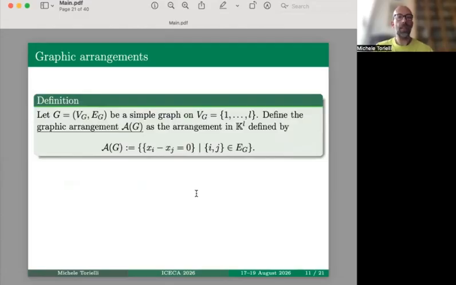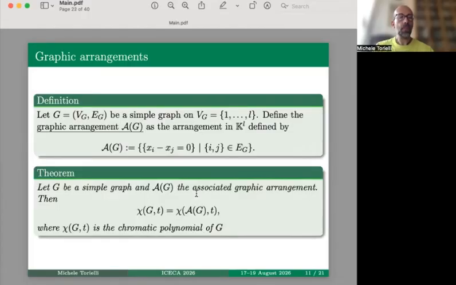In this way, I can define a hyperplane arrangement A_G in K^l, where l is exactly the number of vertices, where for every edge ij I have a corresponding hyperplane xi minus xj. And the nice thing is that if G is a simple graph, the chromatic polynomial of G is equal to the characteristic polynomial of the associated graphic arrangement.